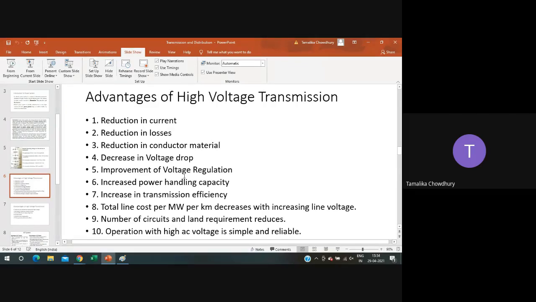And then comes the increased power handling capacity, the sixth point. So the sixth point is the increased power handling capacity.